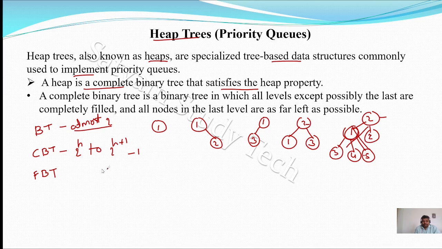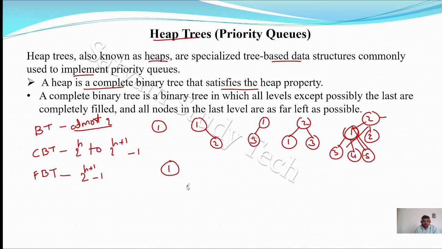A full binary tree has 2 power h plus 1 minus 1 number of nodes. For example, take only one node. How many nodes are there in a full binary tree? 2 power h plus 1 minus 1.